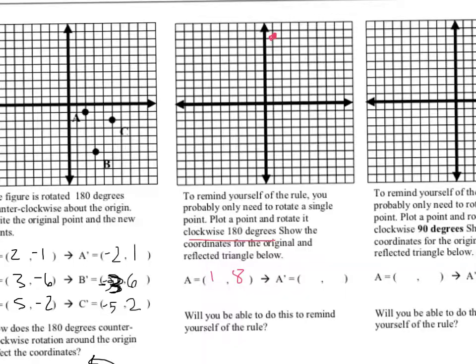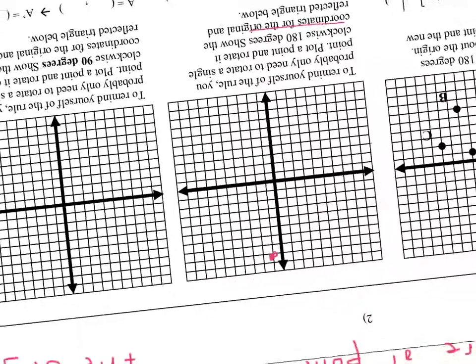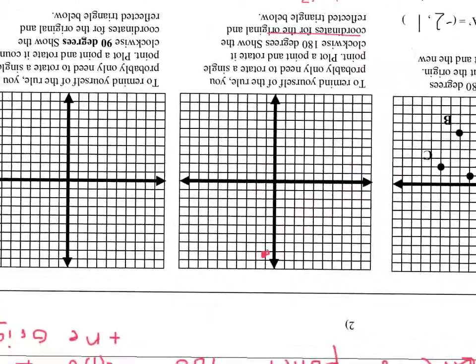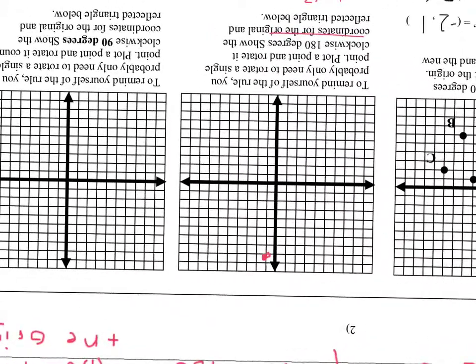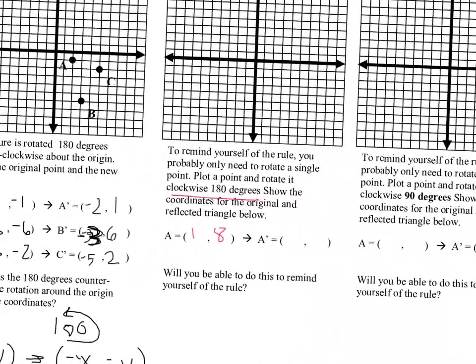So I'm just going to take it and I'm going to rotate it clockwise 180 degrees. That's 90. That's 180. And I can see my point would now be at -1, -8. -1, -8. And that should be a quick reminder that my rule is if I have x, y, it stays x and y in the same place and they just become negative.